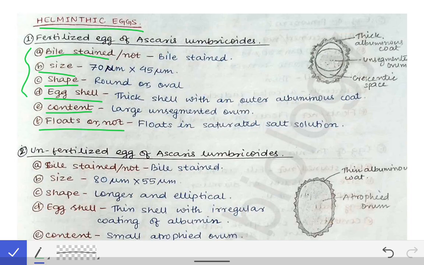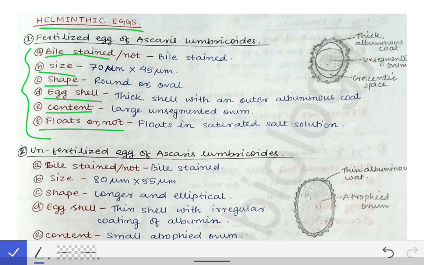So these are the 6 points in which we are going to describe all the helminthic eggs, and it will be simple for you as well as it has become for me. So now let's start with the helminthic eggs.